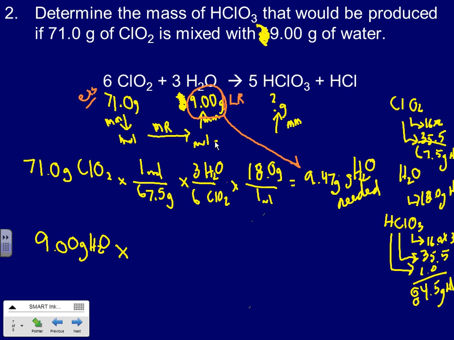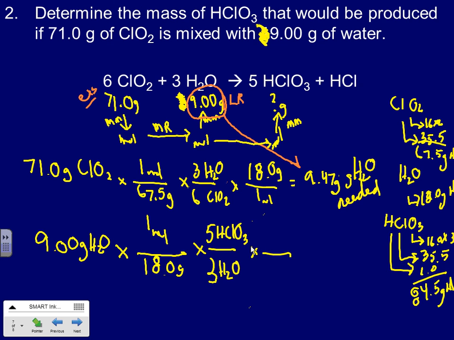So this time we're going across like this from our water. So now I need the water on the bottom. Again, the water number, what I have on the bottom, and that's a 3 H2O, 3, becoming 5 HClO3.